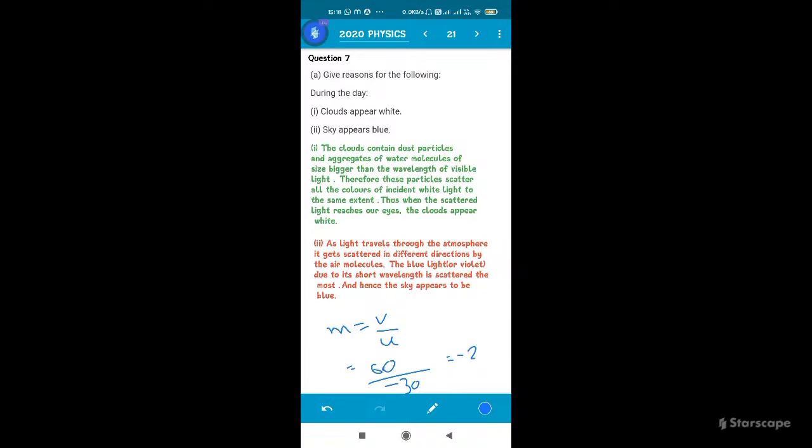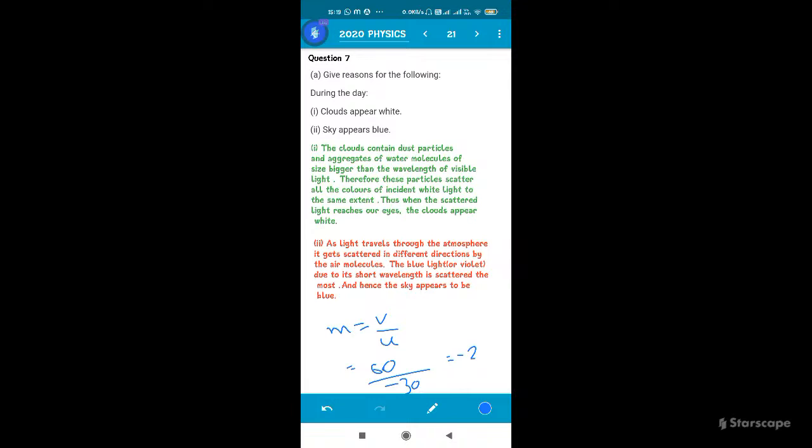For example, you know that blue light has a short wavelength, and as a result it is scattered the most by the dust particles. But in case of clouds, what happens? The size of the particles present in it, the water molecules or the ice particles, whatever, is larger than the wavelength of visible light. As a result, each and every component of white light is scattered to the same extent.